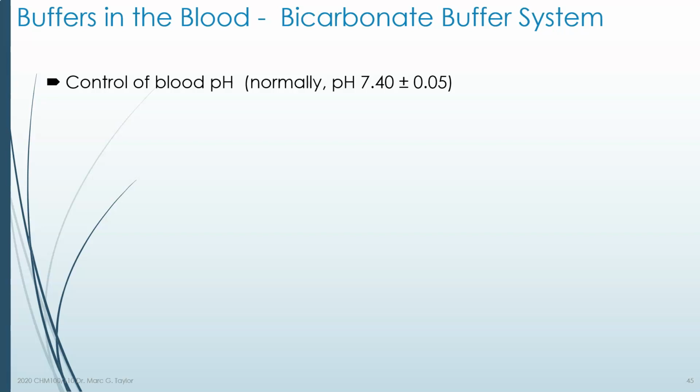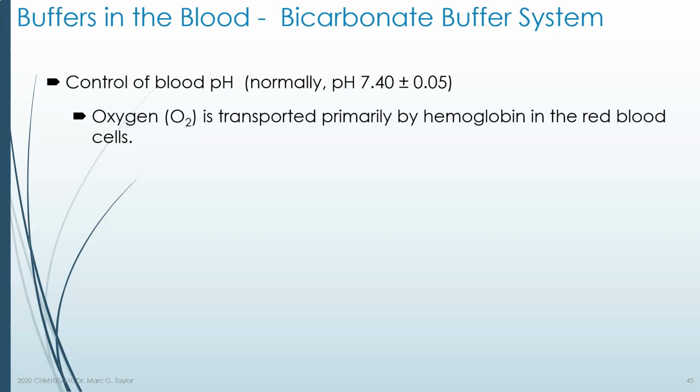And it has a number of systems for maintaining this pH. There are actually several systems. And one of them is the fact that hemoglobin is in your blood, and hemoglobin, believe it or not, has lots of groups on the protein itself that can act as buffers.